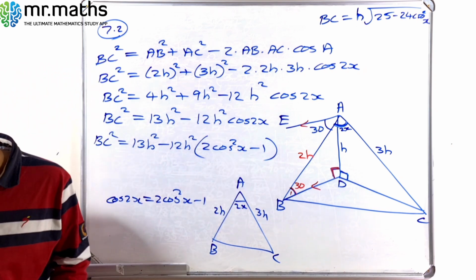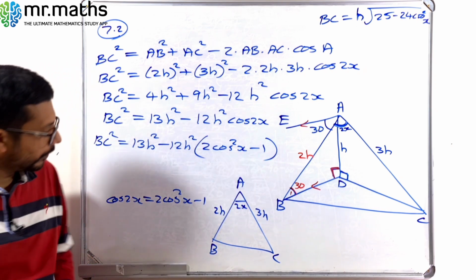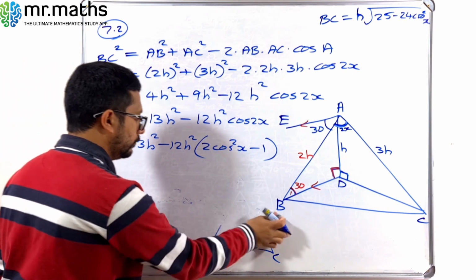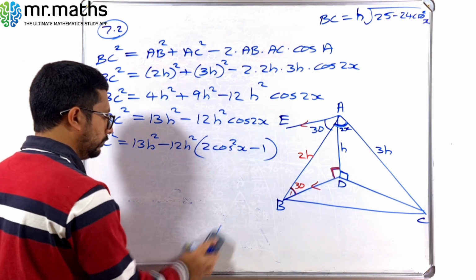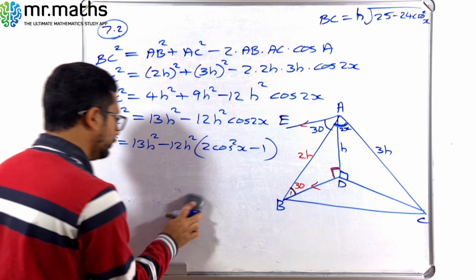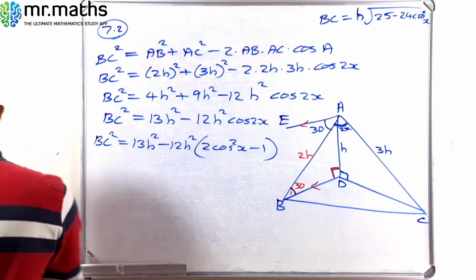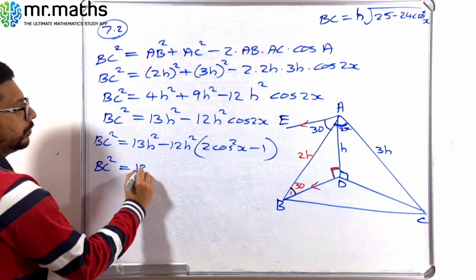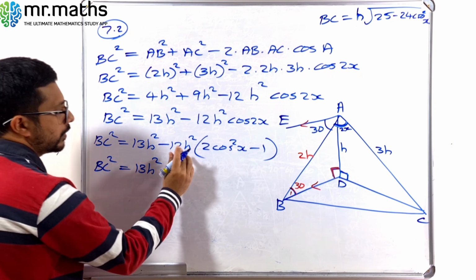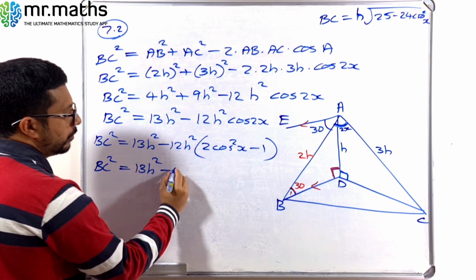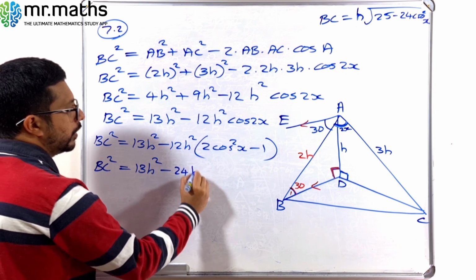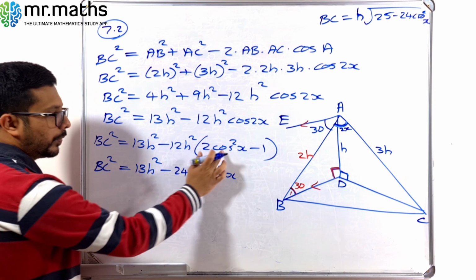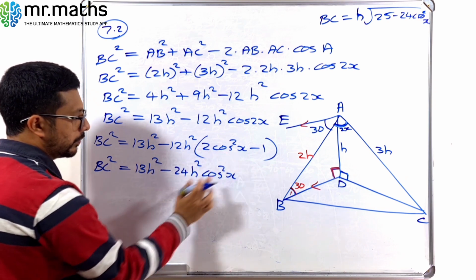Now expand that bracket. BC squared is equal to 13h squared minus 12 into 2, 24, h squared cos squared x.